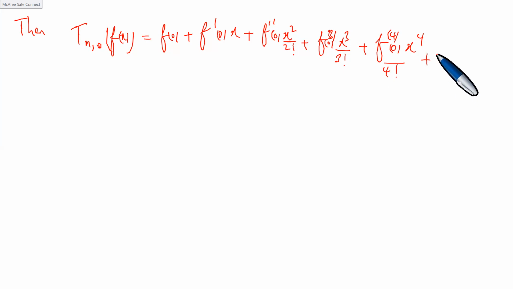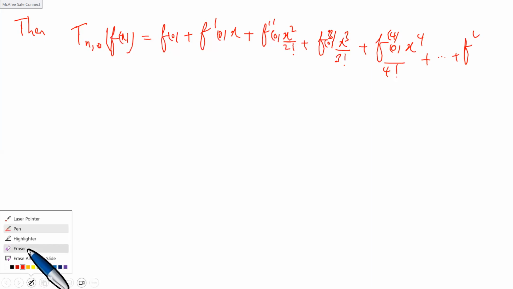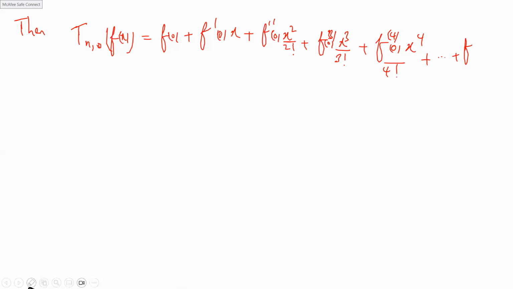And then it goes on here because now you have the nth derivative of that. Right, so this is the nth derivative.